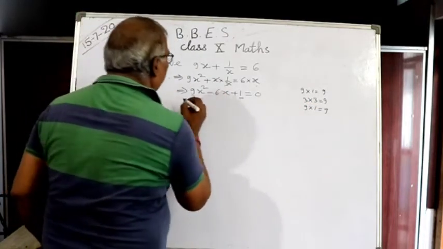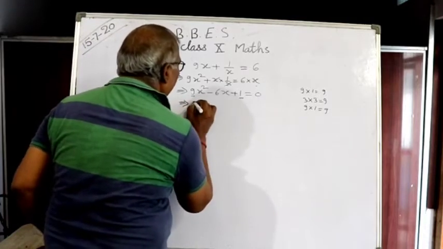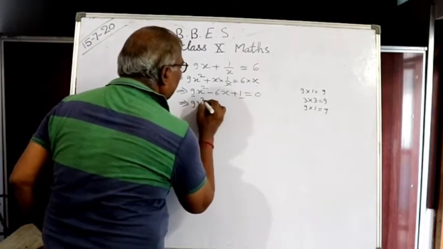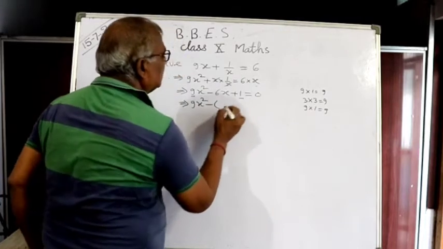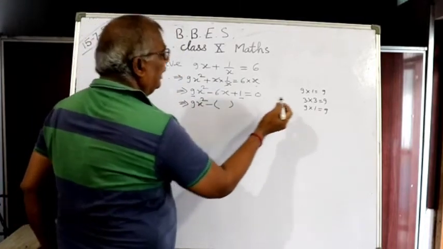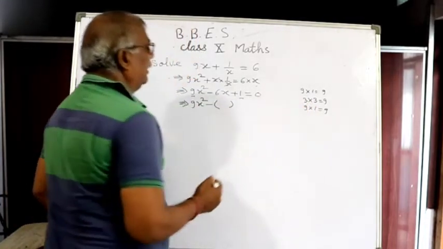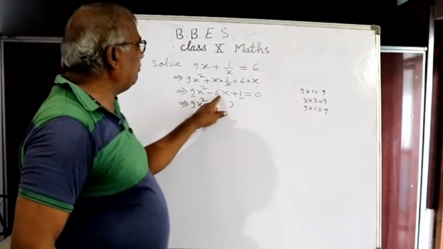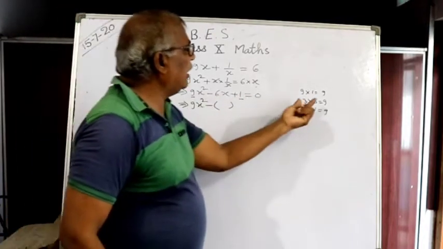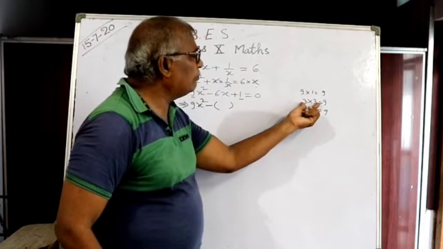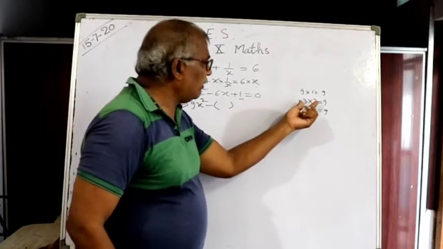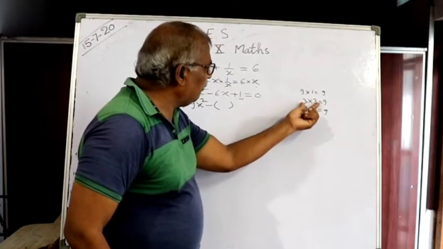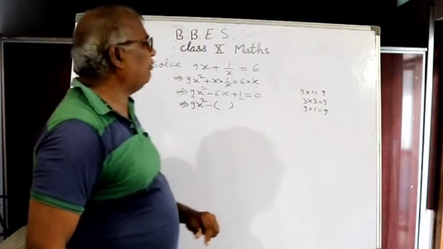By splitting the middle term, we write here 9x square minus, in the middle term, 3 plus 3. The middle term can be split as the sum or the difference of the factors.